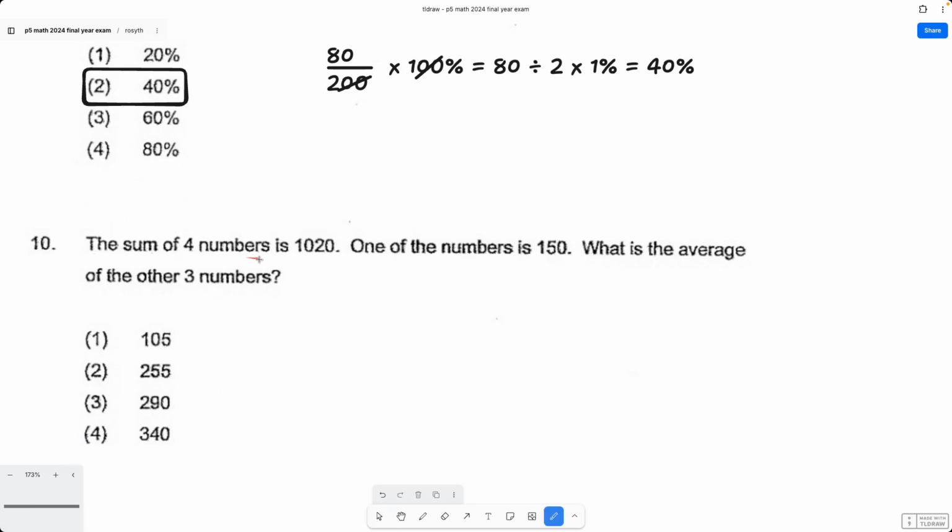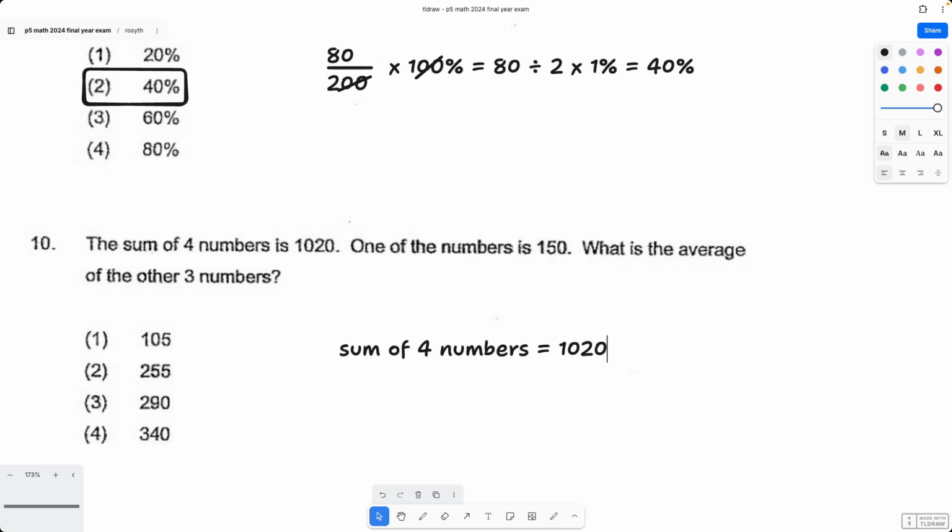The sum of 4 numbers is 1020. One of the numbers is 150. What's the average of the other 3 numbers? Okay, so we know the sum of 4 numbers is equal to 1020, and one number is 150.